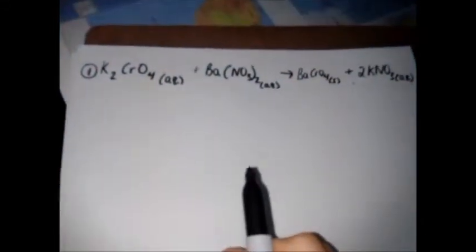Now, this equation is already balanced, and you always want to make sure that you balance it before getting your complete ionic and your net ionic equation. So this right here is our molecular equation. Everything is balanced. It seems all right.